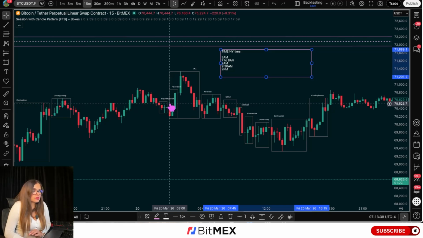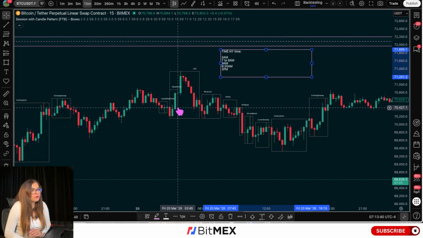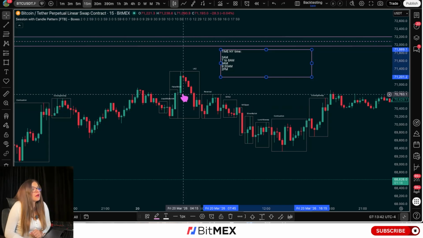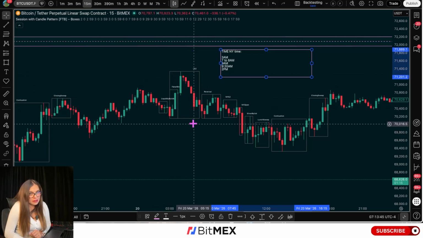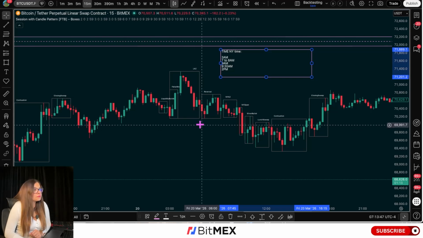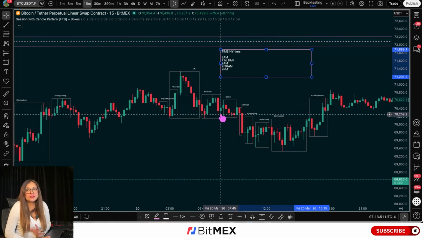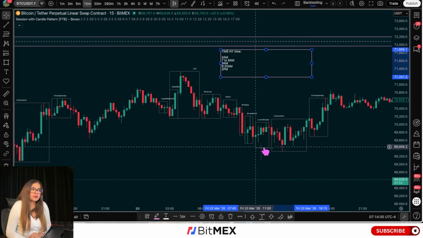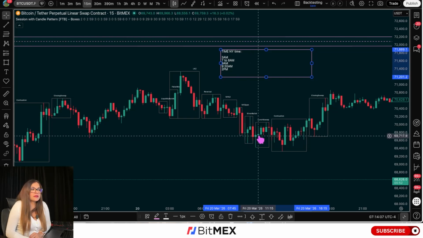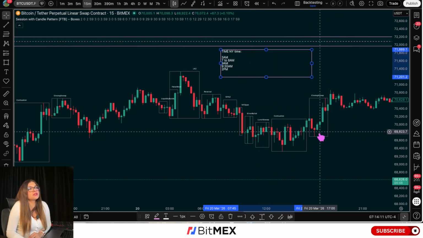I know there's a false move from 3 to about 4 a.m. New York time. There's a London kill zone that takes out the false move. There's usually a reversal that happens. There's New York kill zone, and this is, of course, smart money concepts that I just use in my backtesting session. Silver bullet is when I usually like to exit a trade. Then we finally have a lunch sweep, continuation, etc.